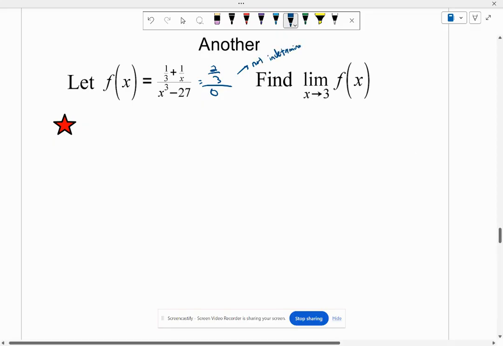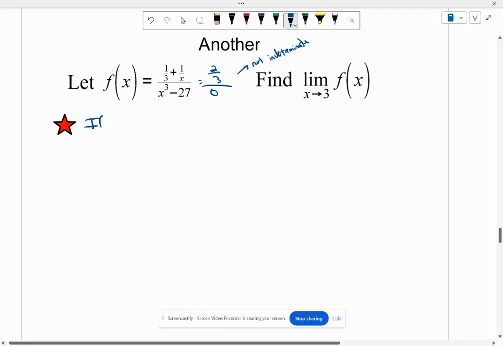So it's not that we can't evaluate, it's not that we need more work. It's not that we can't determine what's going on. It turns out that if you have a number over 0, there is going to be no limit. The limit does not exist in these situations.